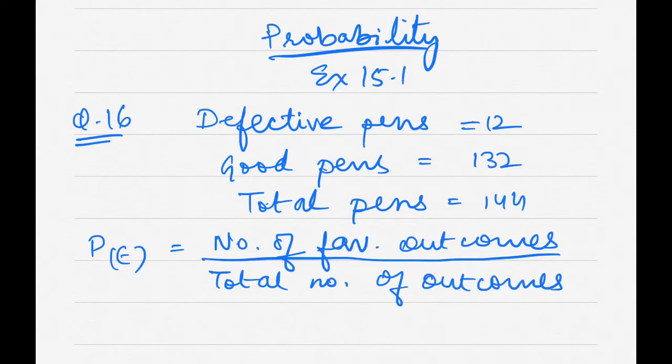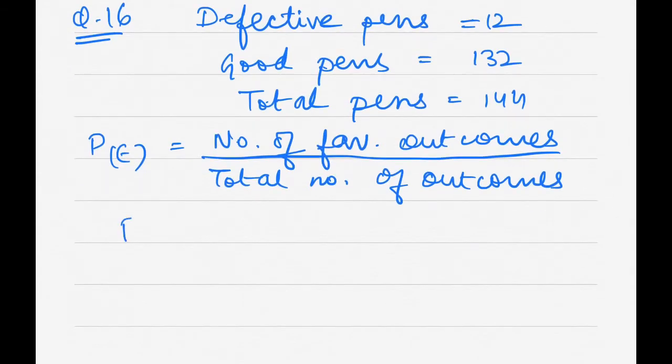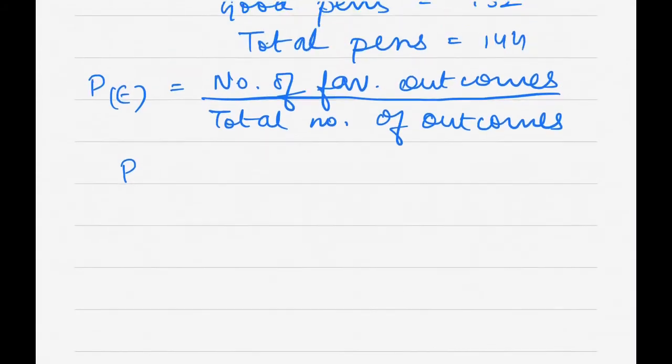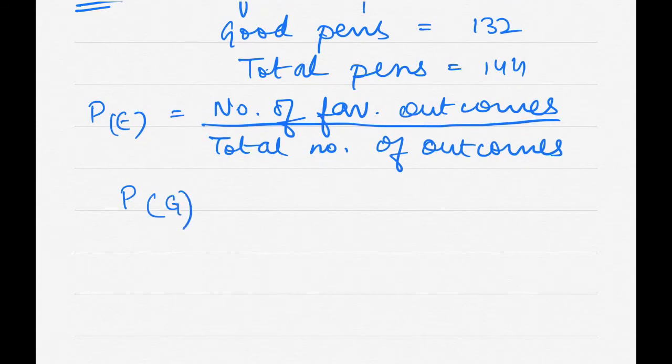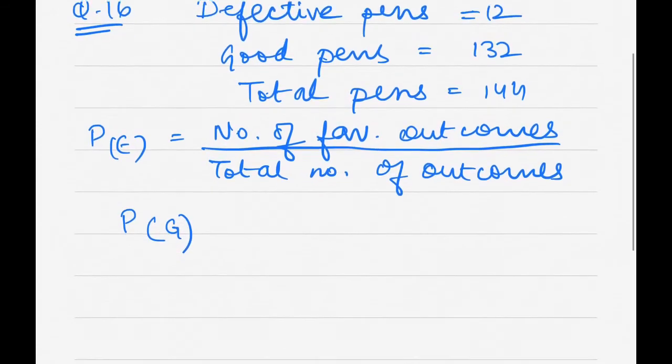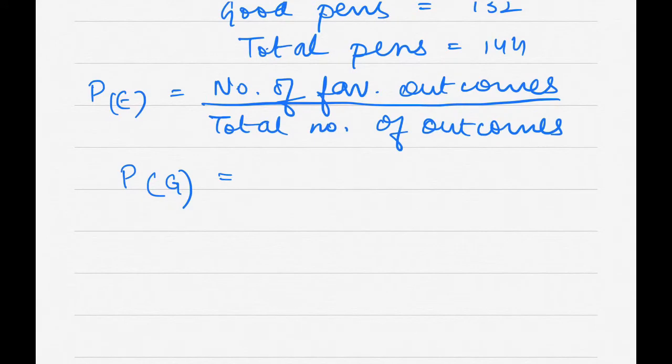Now I have to find the probability of taking a good pen. So what is the probability of getting a good pen? Good pens are 132 out of 144.